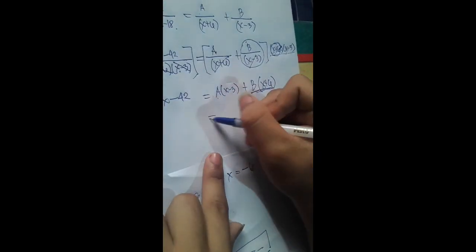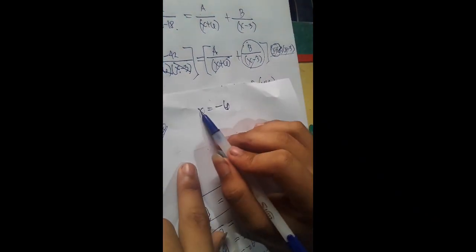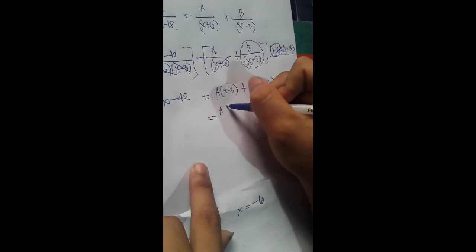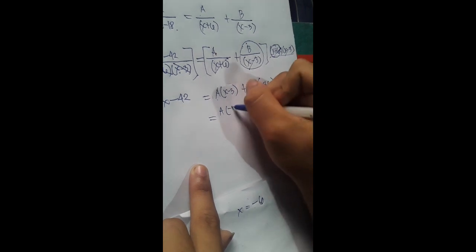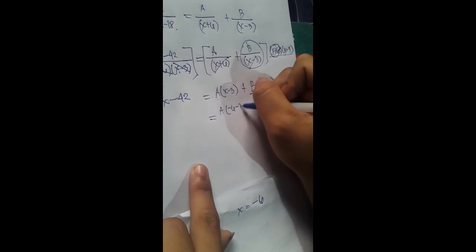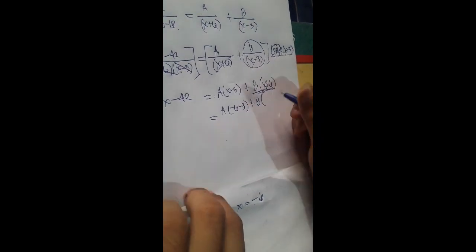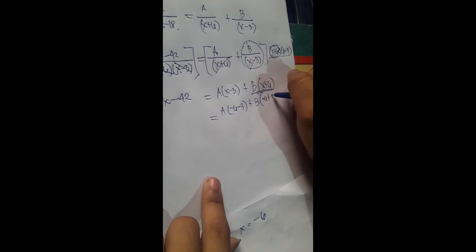We substitute negative 6 for x, so this will become a times the value of x, which is negative 6, minus 3, plus b times x, which is negative 6 plus 6.